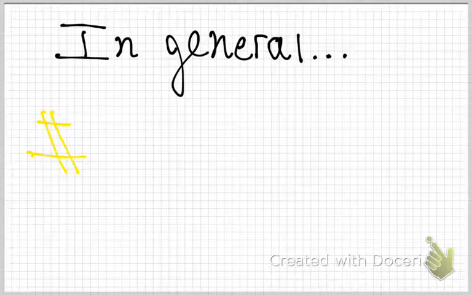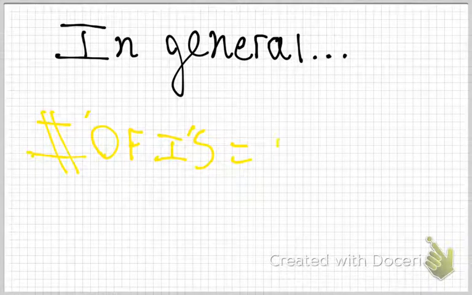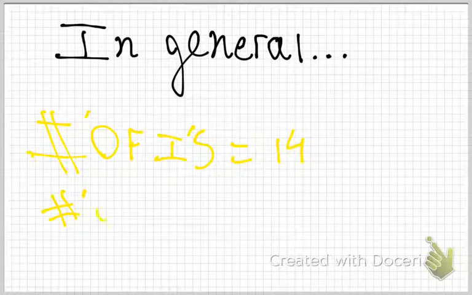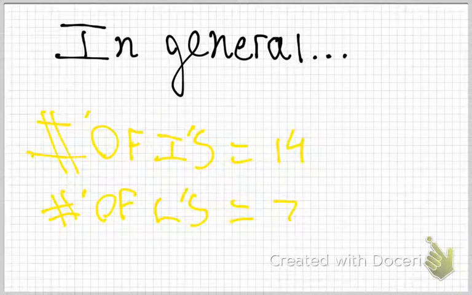All right, so instead, what if my number of I's was equal to 14, and my number of L's was equal to 7, and then if I had, I don't know, 10 S's, whatever.